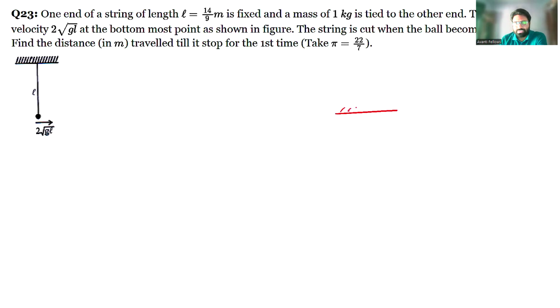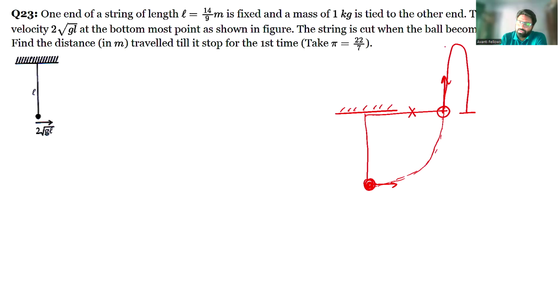So here is the situation. This particular ball is given a velocity of 2 root gl, so it is going like this. When it becomes horizontal, this is the horizontal position. At this point, the string is cut. When the string is cut, the ball moves in the tangential direction, and the tangential direction is this.